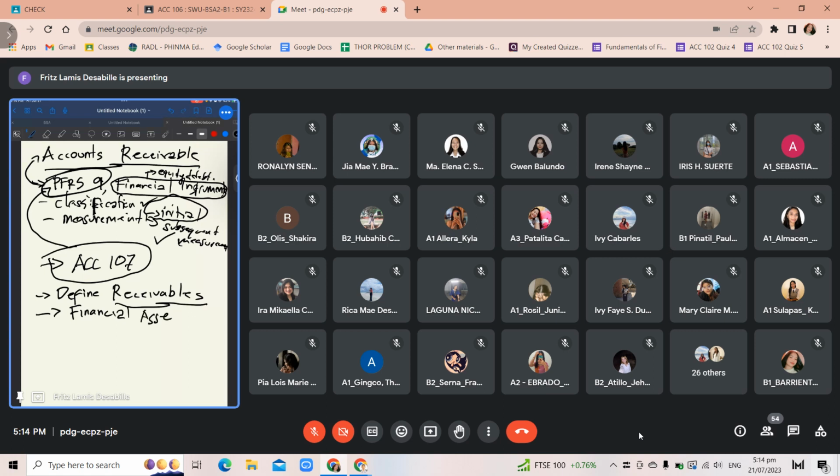When we say it's a financial asset, it represents a right. Actually the full term here is the contractual right to receive cash, di ba?